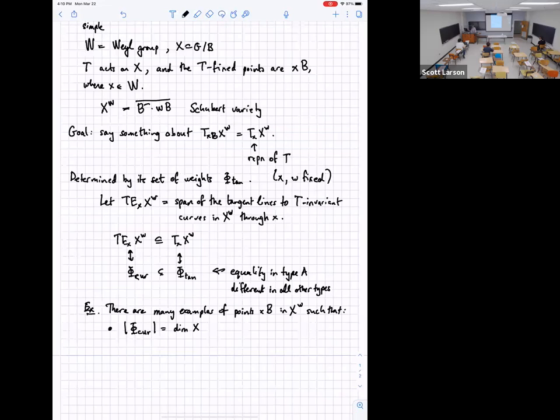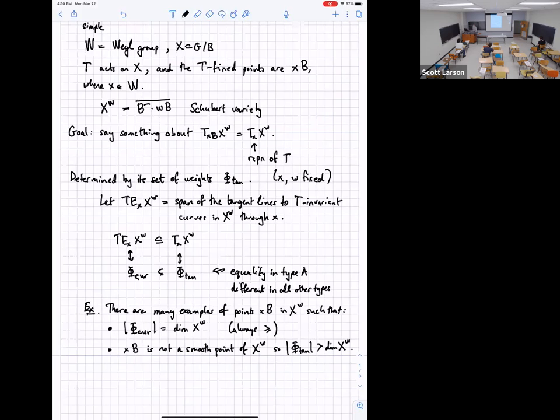Actually, this cardinality is always greater than or equal to the dimension. But there are many examples where this is equal, but xB is not a smooth point of X^w, so the cardinality of the tangent set is strictly bigger than the dimension of X^w.